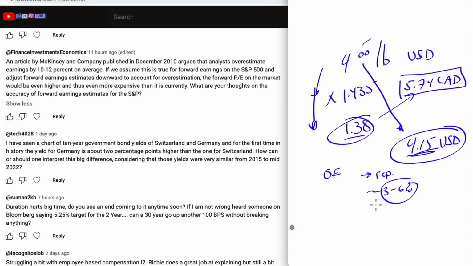So it's kind of hard to argue that the estimate average was overestimated by 10 to 12% when the surprise factor is 3 to 6% above what the estimate for operating earnings were for each company that is reporting. And the surprise factor has been positive for the last 4 or 5 years.